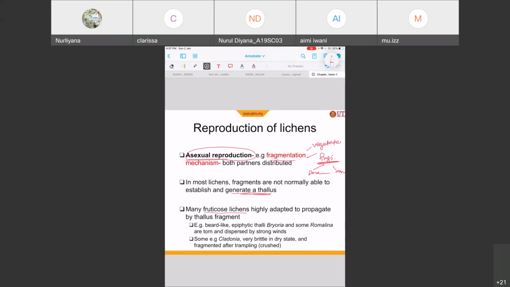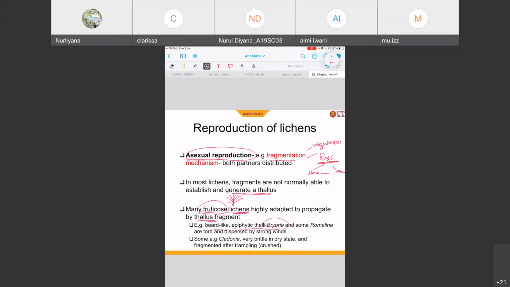Fruticose is the highest development, the highest type of lichen structure. Earlier we saw the bushy type of structure. When they reproduce, they propagate into thallus fragments, becoming beard-like or epiphytic thalli.